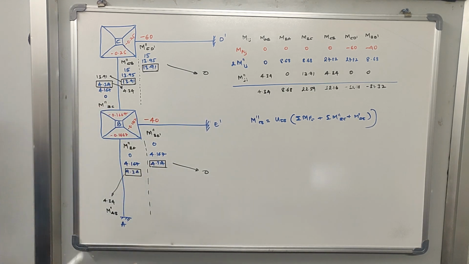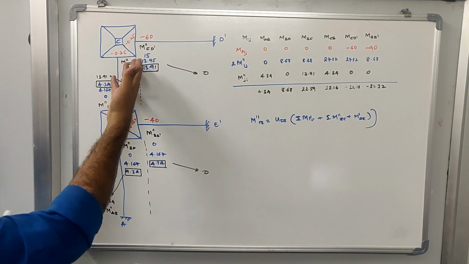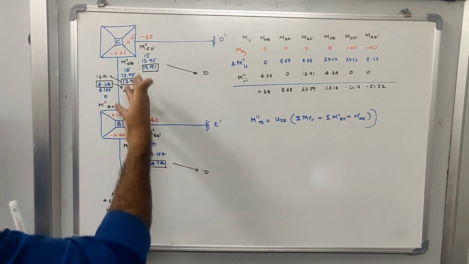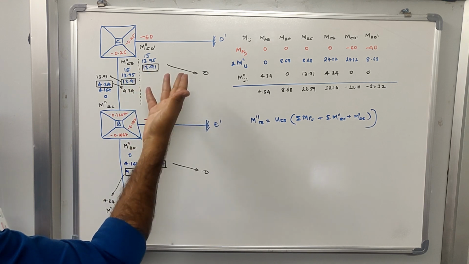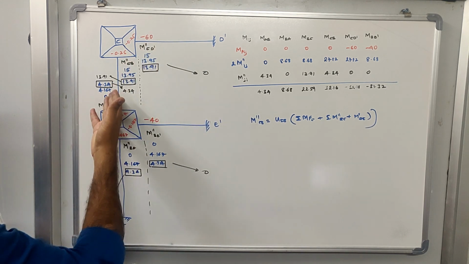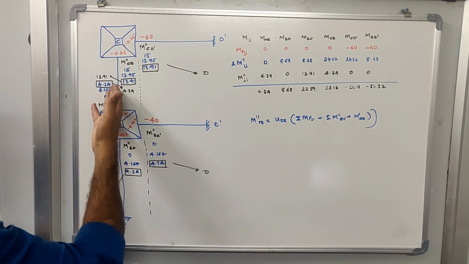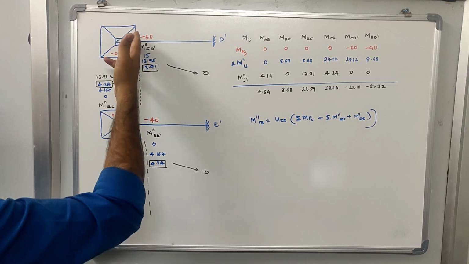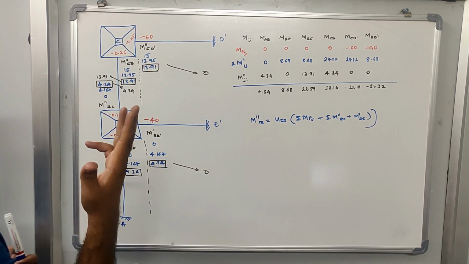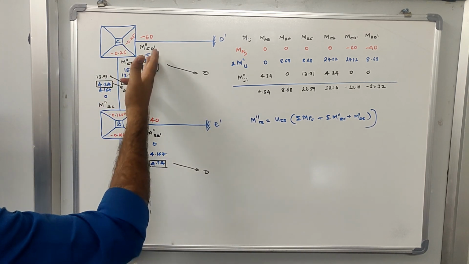In the next step, again we go to this joint and solve for the rotation moment. Here minus 60, where earlier we considered 0, now we consider 4.167. Minus 60 plus 4.167 multiplied by the respective factors gives 13.95, 13.95.